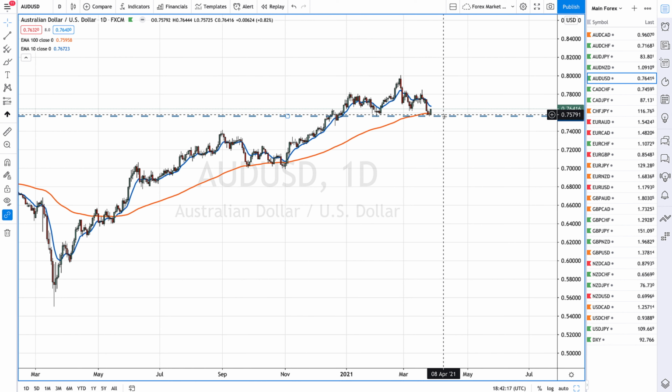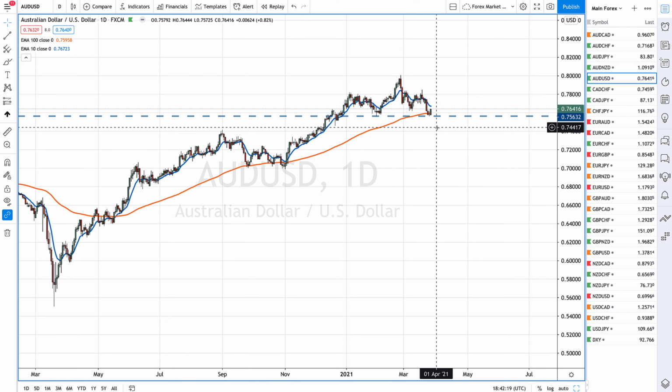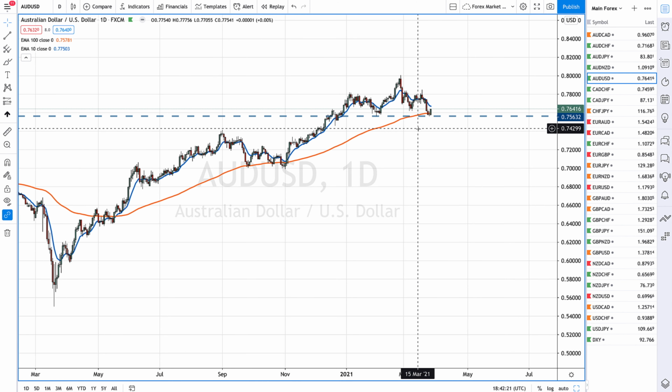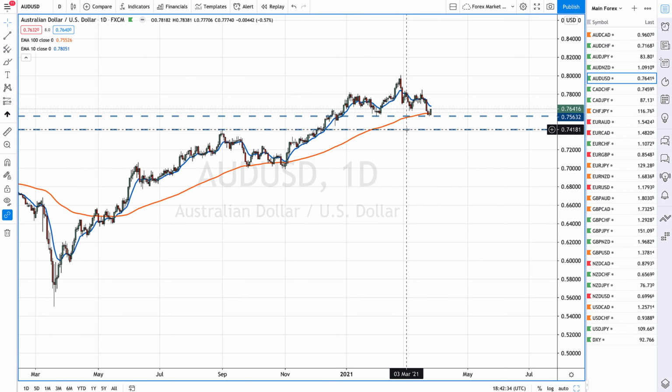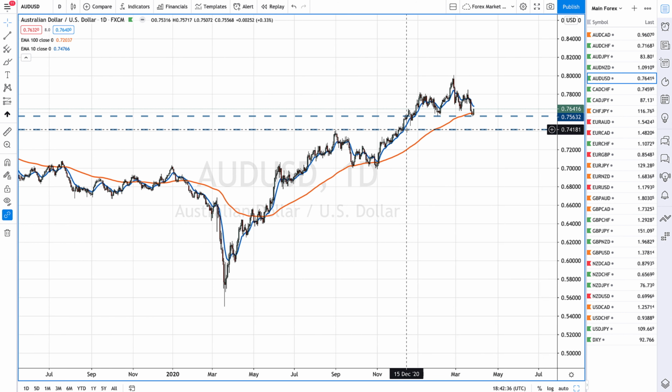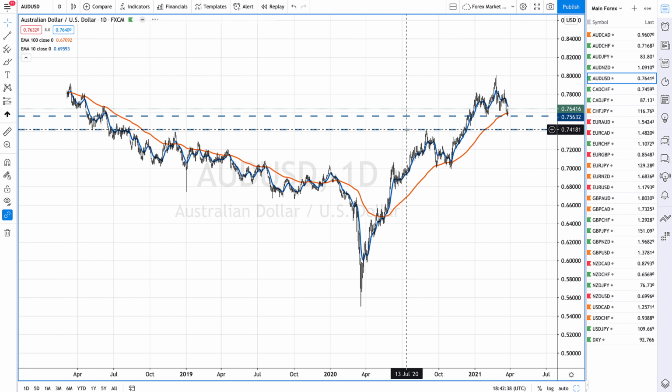So around the 0.7563 level, of course, it could break below there, but again, we're looking to be a buyer in this pair or in the Australian dollar across the board. If it does break down below here, down towards the 0.7418 could be another area to look to add to longs.